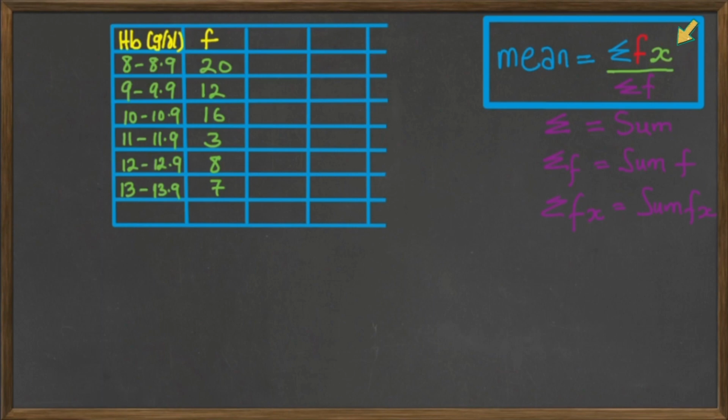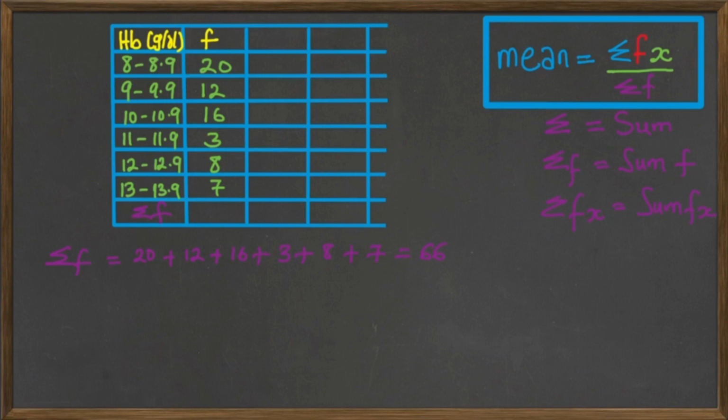So what we will do is to first start with the frequencies. Since we have all the frequencies, we would want to compute the summation of the frequencies. So we're just going to add all these values together. 3, 8, 7, and then what we'll get here is 66.